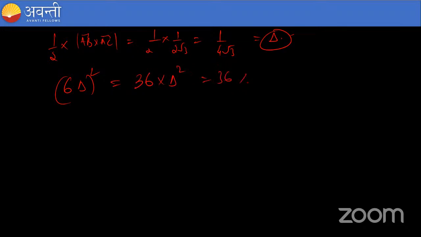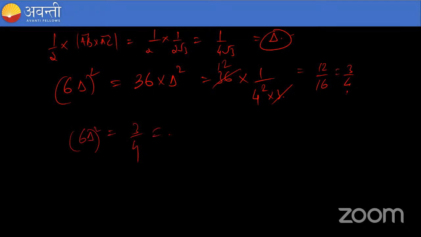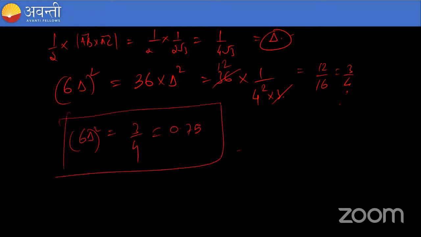So this will come out to be 36 into 1 by 4 square into 3, right? So 3 ones are 3, and this will be 12 by 16, so 3 by 4. Now 6 delta square value has come out to be 3 by 4, which will be equal to 0.75.